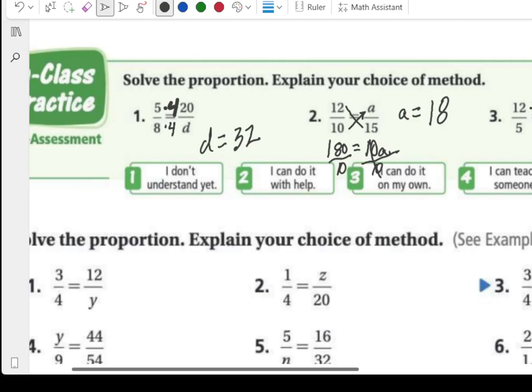Divide by 2. So we would divide by 2 to get 6. So you do the same thing on the bottom here. 5 divided by 2. So W would equal 5 divided by 2, or you could put 2.5, which is also fine. But sometimes you're going to need the fraction and sometimes the decimal.